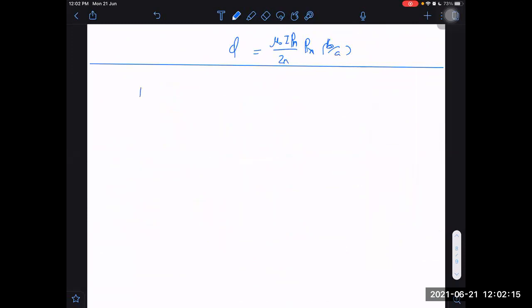Let me ask you: find the magnetic flux passing through the y equal to 2 plane. What is your answer?